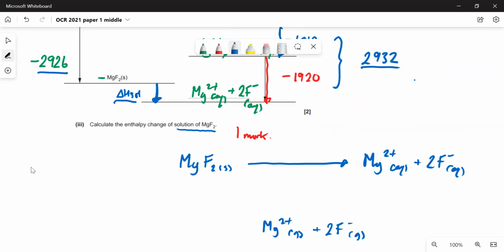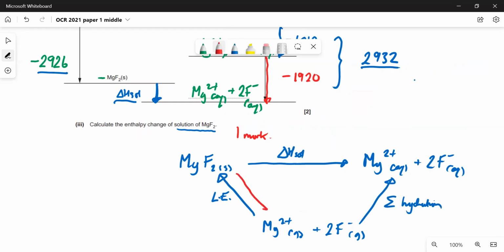If you think, that one there, that's lattice enthalpy of formation. This is the sum of the enthalpies of hydration. And this is delta H sol. And if you're doing this as a Hess's law, you go against that arrow, so you change the sign with that one, and you go with that arrow, so keep the sign, and that would then let you work out the value of delta H sol. So that's another way of doing it instead of the energy level diagram.